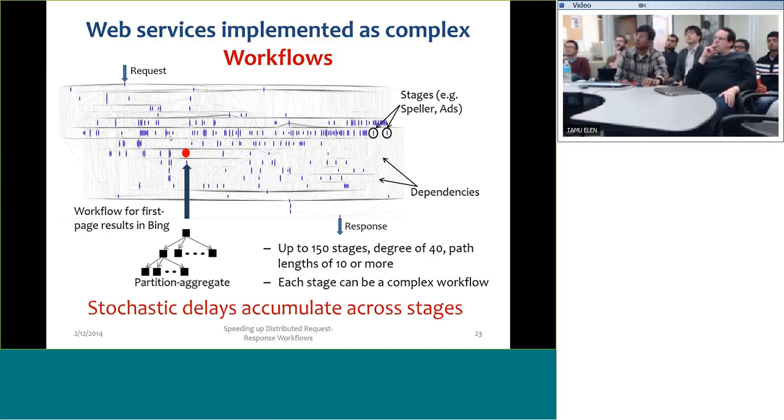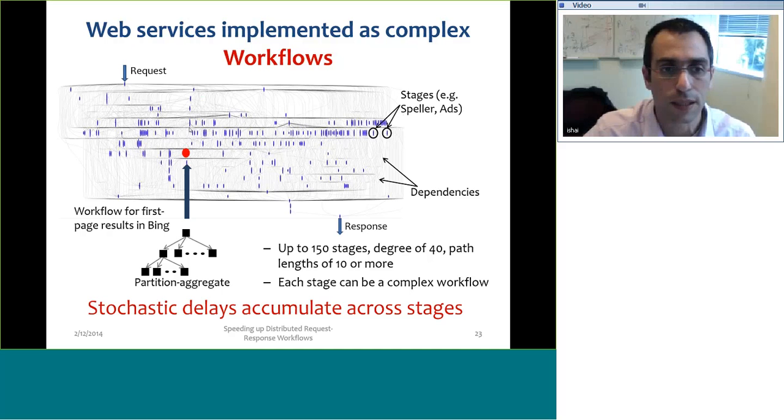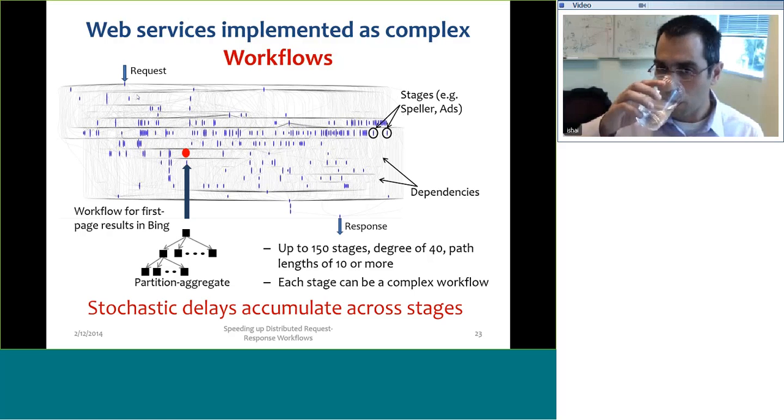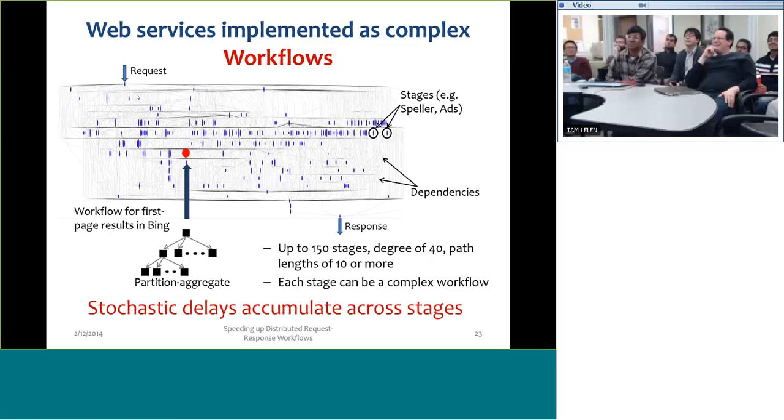So this is the actual DAG, directed acyclic graph, that handles the request. The request comes here from the top. Right, and so what I meant was this is a real life example. So it's this messy, is it? It's messy, yeah.